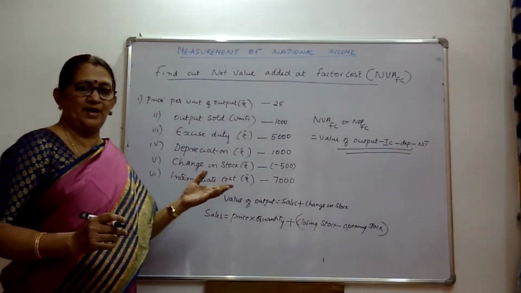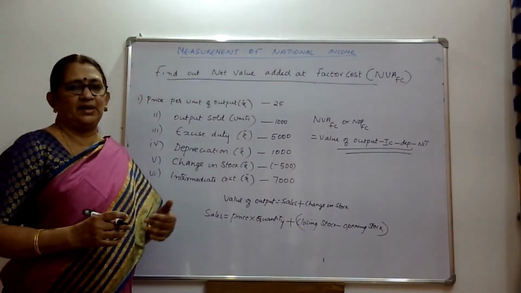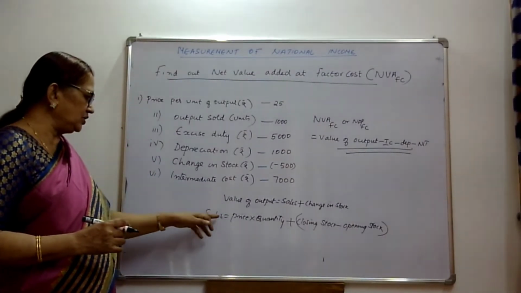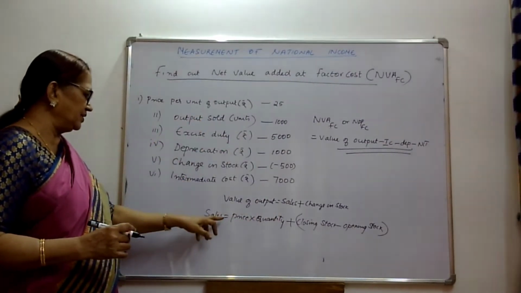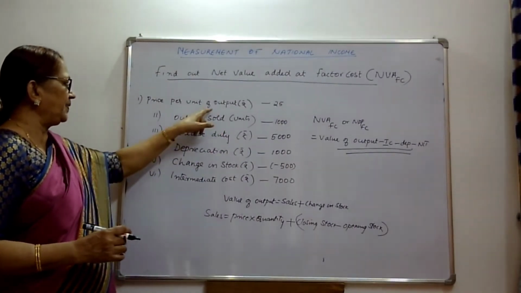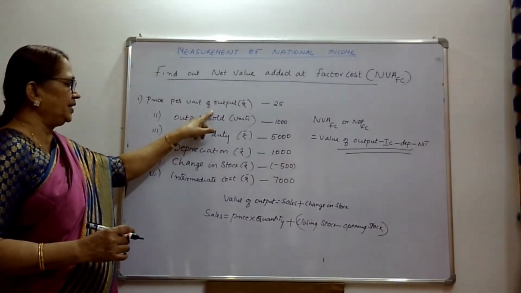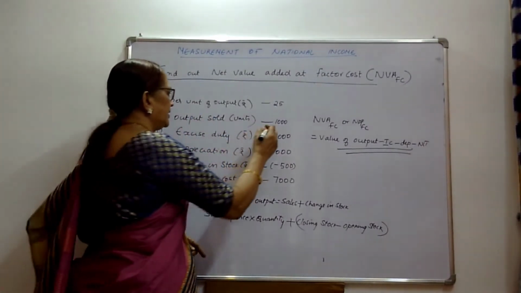Sometimes closing stock value and opening stock value will be given, so we have to take the difference between the two. Here sales is not given, instead price and quantity are given. So sales is equal to price into quantity. So what is the price? 25, and here the quantity is 1000.